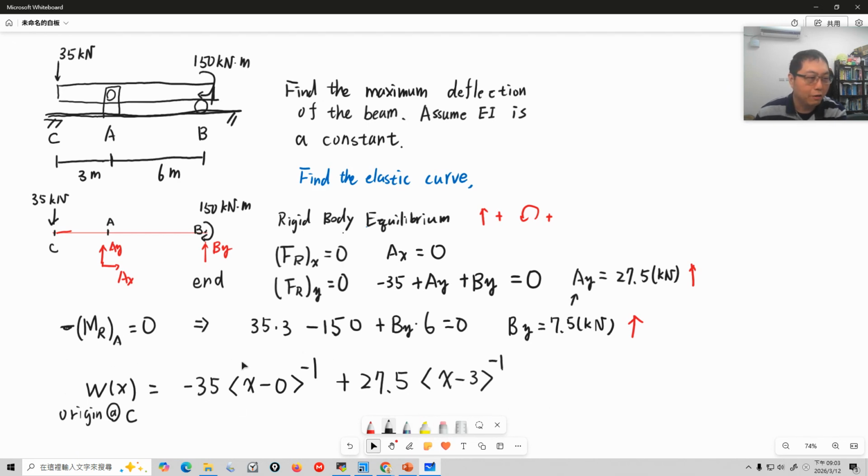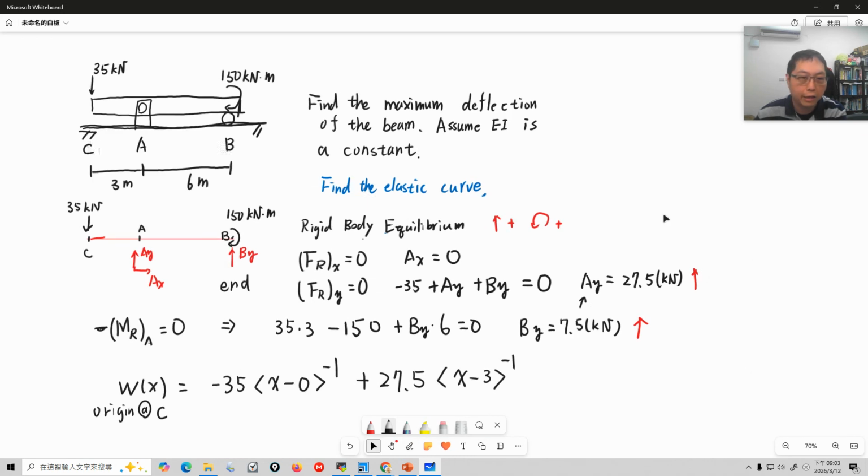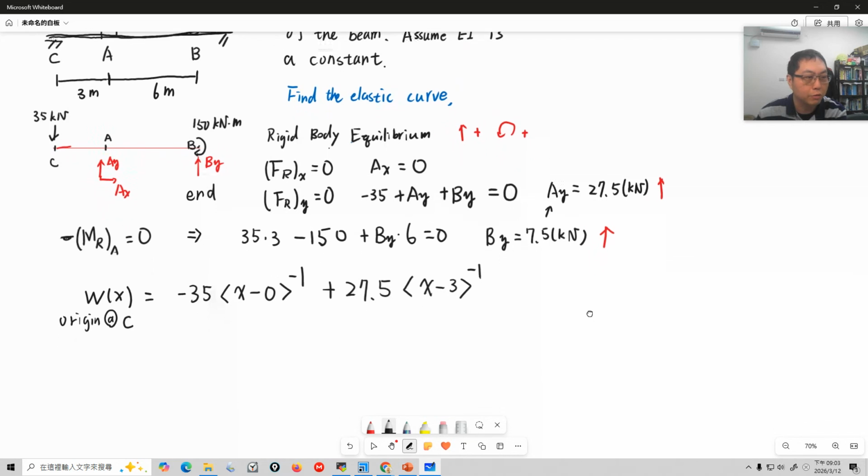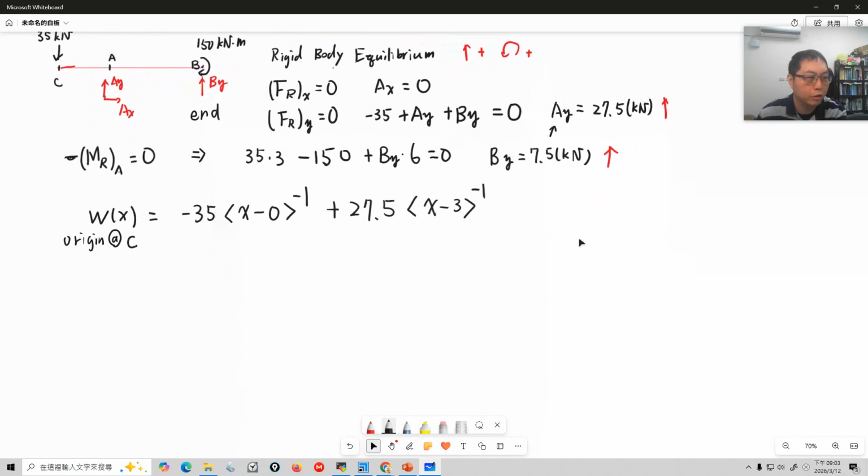Okay, so next, if you have the loading function, you have to integrate twice to get the moment function. So let's do the integration. Integrating once, you obtain the shear force function, and here you have to use the integration rule for discontinuity functions.